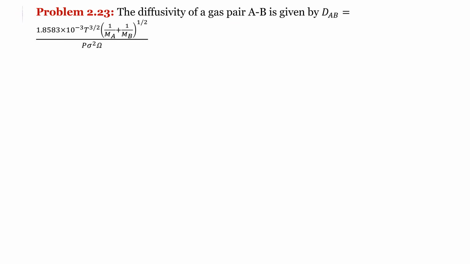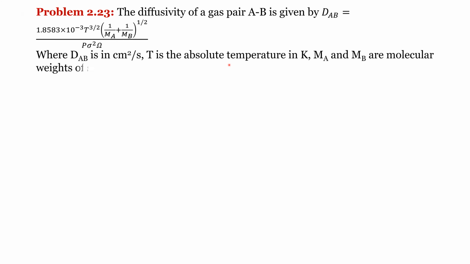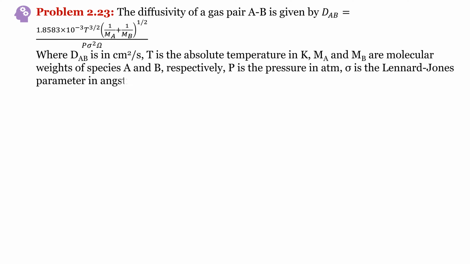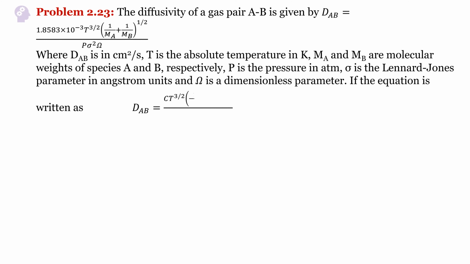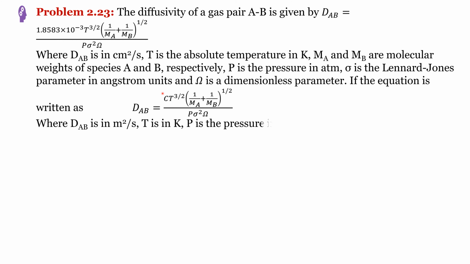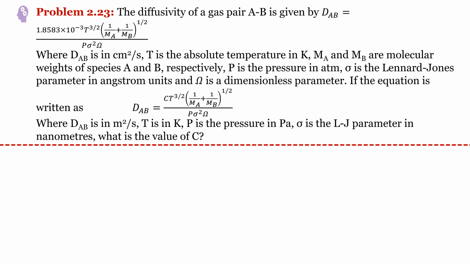Now problem number 2.23. Diffusivity of a gas is given and the units of the parameters are also given. Now if we want to express this formula in some different units, then what will be the value of this constant, that is C? So we need to find out.